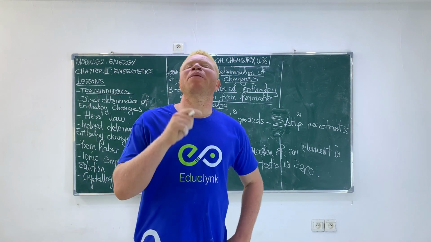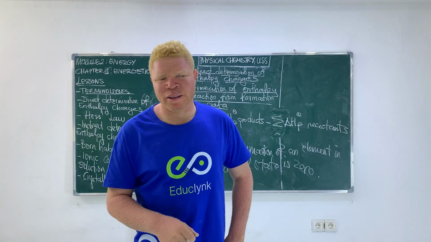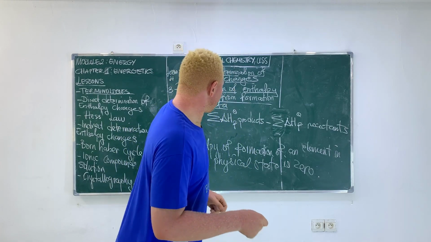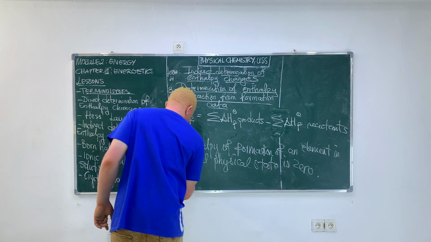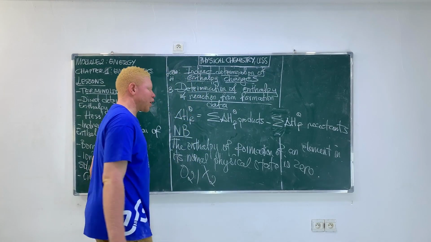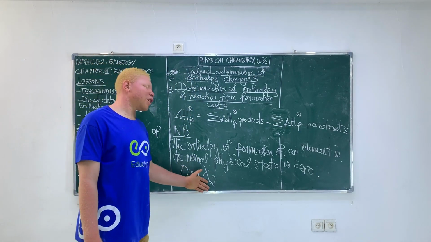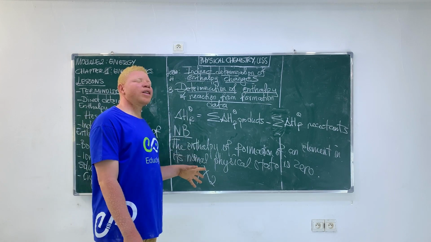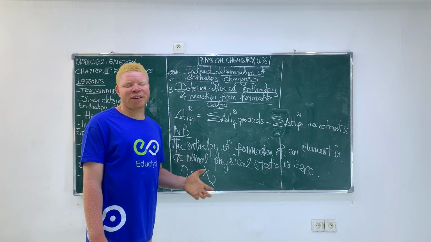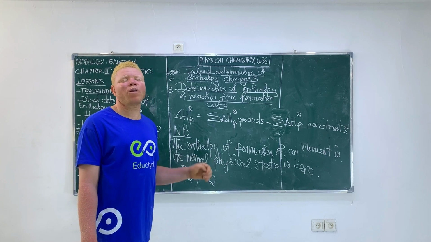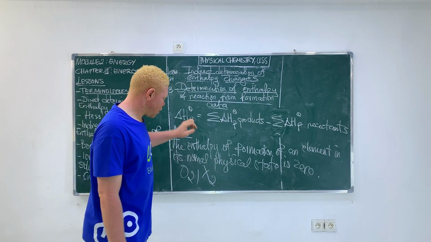If you have an element that is not combined with another, that means it's not a compound. Like oxygen molecules, and the halogens, represented by X. Halogens are fluorine, chlorine, bromine, iodine, astatine. All of them, their enthalpy of formation is 0.